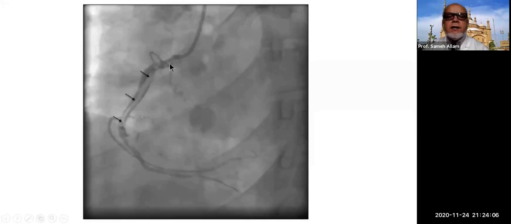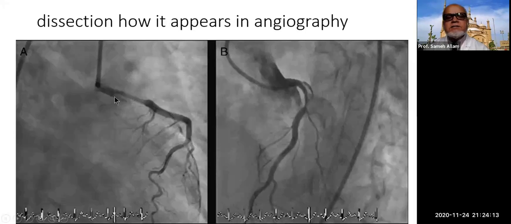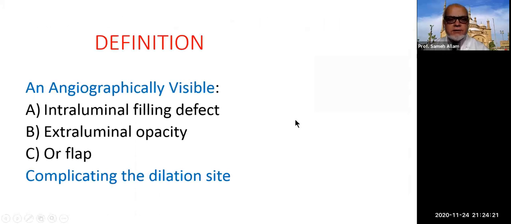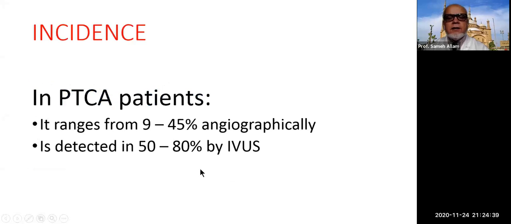This is a dissection of the right coronary artery, a spiral dissection induced by diagnostic catheterization. And this is again a dissection of the left main coronary artery, here and there, by diagnostic coronary cardiac catheterization. Coronary artery dissection is angiographically defined as a visible intraluminal filling defect or extraluminal opacity or flap complicating the dilatation site. This is the angiographic definition of dissection.